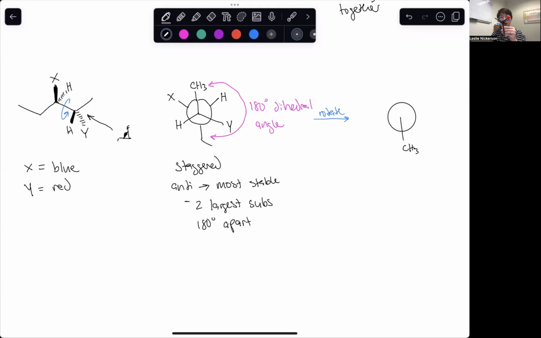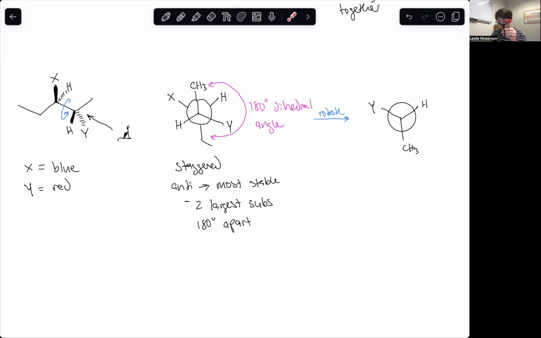And I have my red Y going off to the left, and H going off to the right. And I have not moved my back carbon, so all of this is going to stay the same. So I still have X there, still have H there, and I still have an ethyl group there. Okay, so this would be our eclipsed conformation.